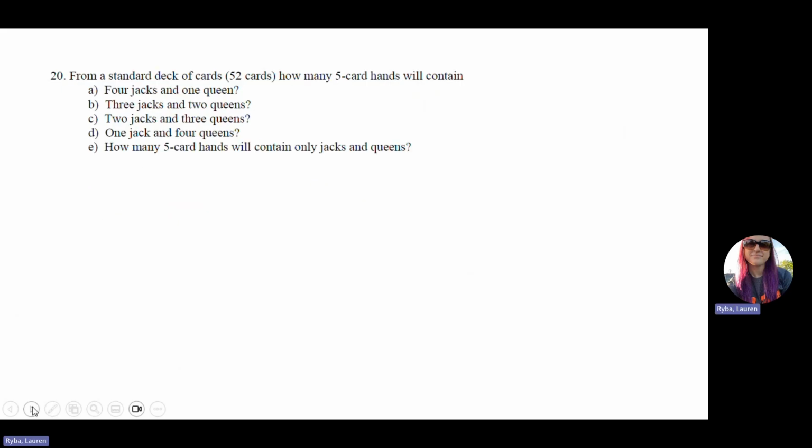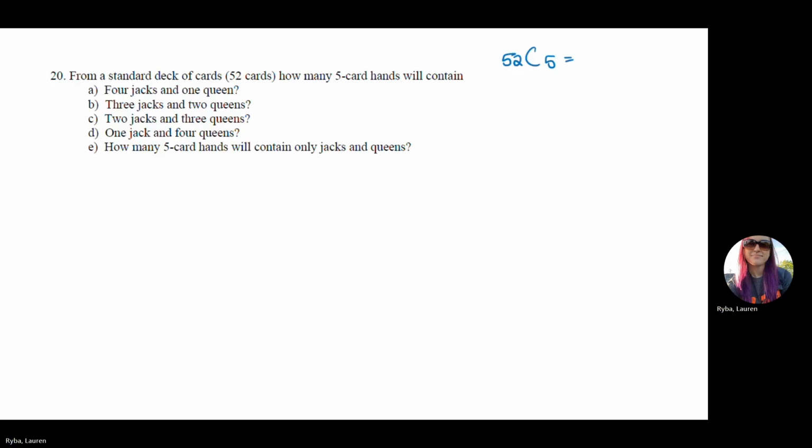All right. So working with a deck of cards. A standard deck of cards is 52 cards. How many 5-card hands will contain the following? Well, first, let me just do this quick. How do we determine how many 5-card hands are possible? Well, there's 52 cards total, and I just want to grab 5.